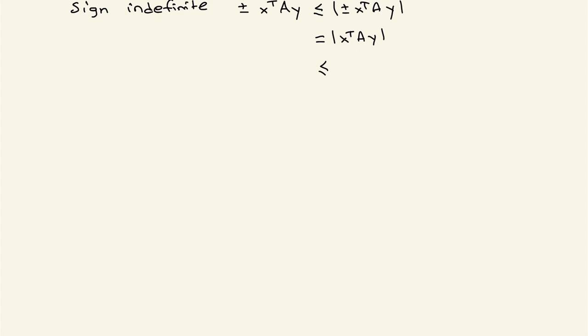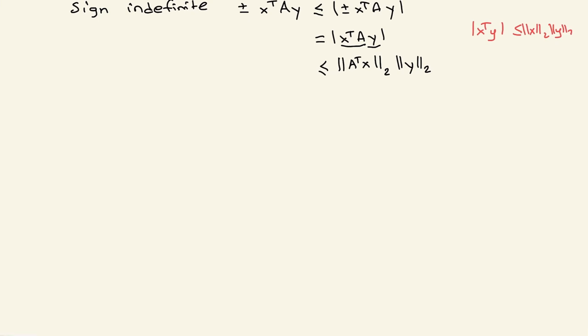You can start with x transpose A times y 2 norm. Basically, I apply the Cauchy-Schwarz inequality, right? This is a vector, this is a vector. You can also write this as A transpose x, to more precisely apply Cauchy-Schwarz: x transpose y, remember, is bounded by the 2 norm of x times the 2 norm of y.